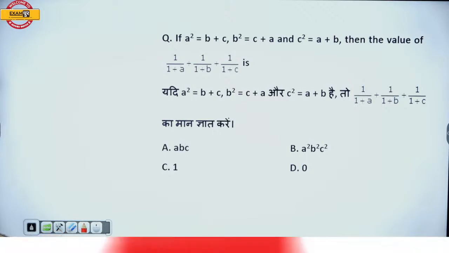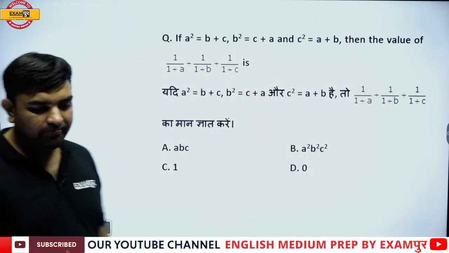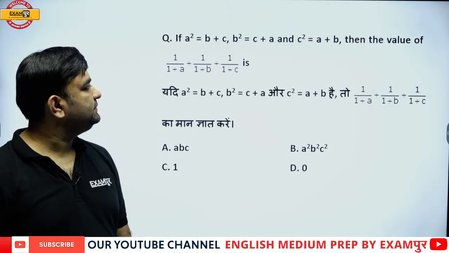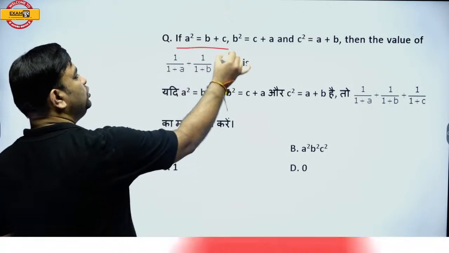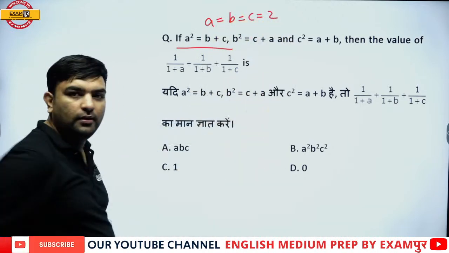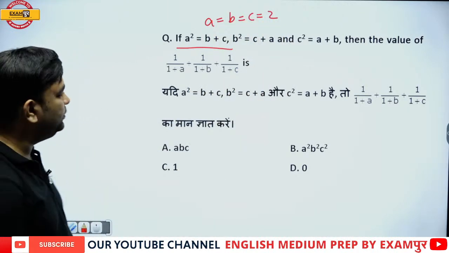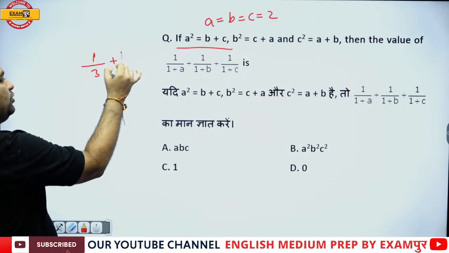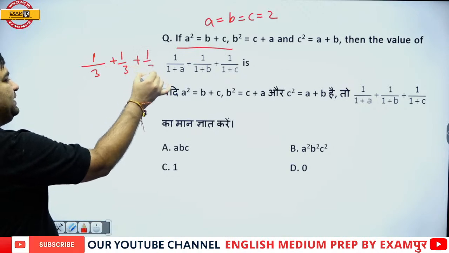This is symmetry. We have already done like this. All of them are 2, 2, 2. So 1 upon 2 plus 1 upon 3. This is, I think, repeated, na?